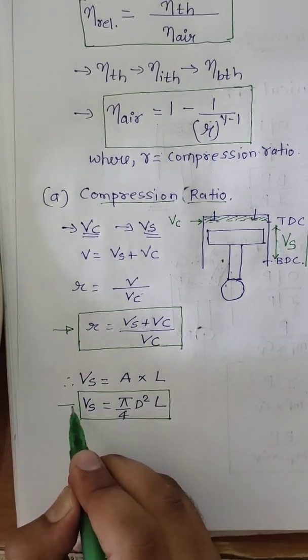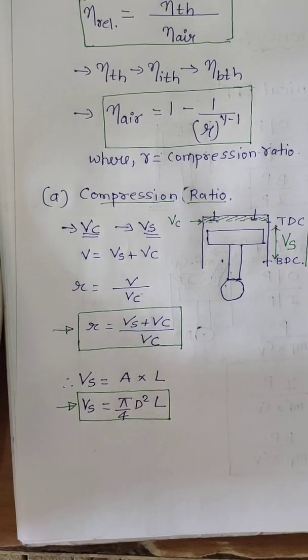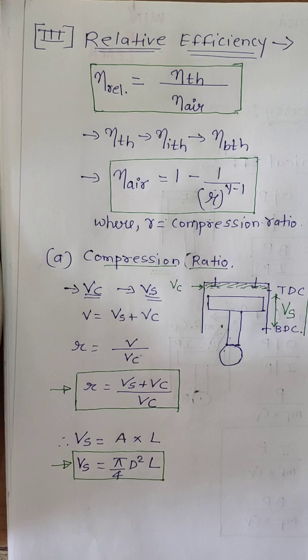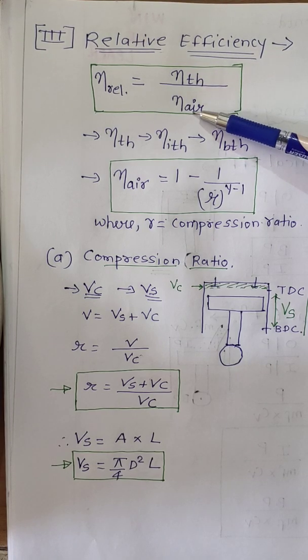This is your compression ratio formula. This is your stroke volume formula: area into length, that is pi by 4 d square into L. This was all about your relative efficiency. Again, I will explain. The relative efficiency is the ratio of thermal upon air standard efficiency.